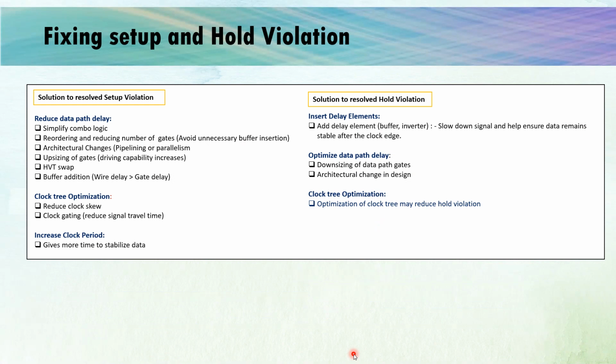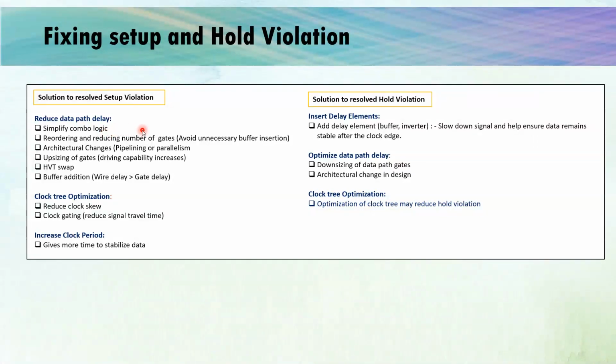So now we will move to the final slide of today's lecture, which is how we can fix the setup and hold violation. The solution to resolve the setup violation: we have seen that in the setup analysis we want our data to be stable before a particular time, which is the setup time of the clock edge.